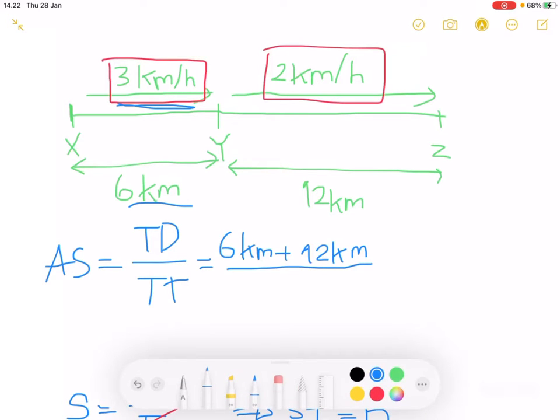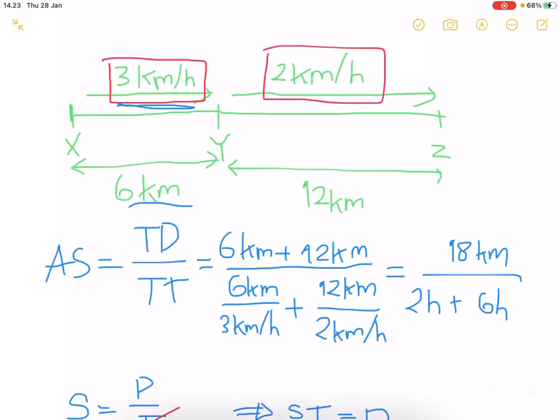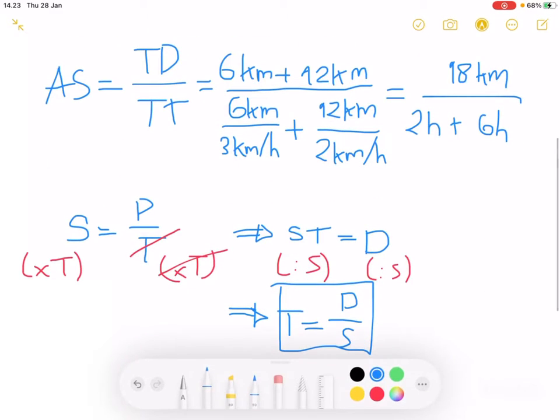So we can write this right here. Our distance for the first part, X to Y, is 6 kilometers, over the speed, 3 kilometers per hour. And since it is total time, we add the second time, which is 12 kilometers over 2 kilometers per hour. The top part becomes 18 kilometers, and after simplifying these fractions, this will be 2 hours and this will be 6 hours.